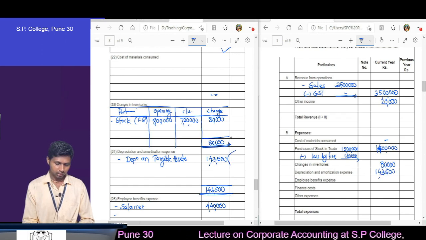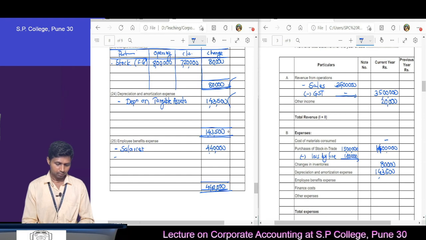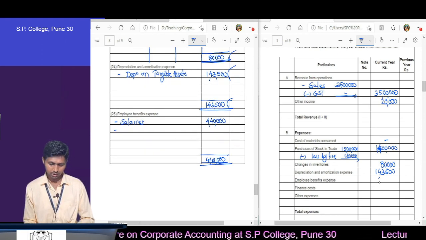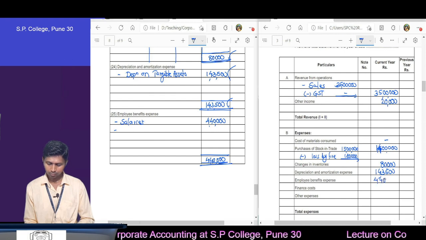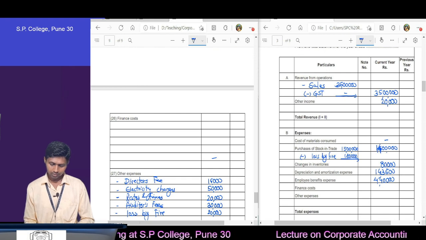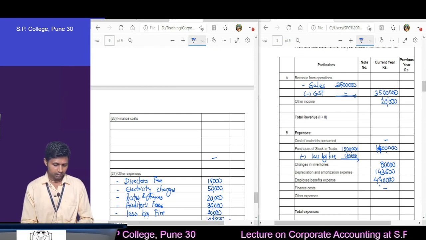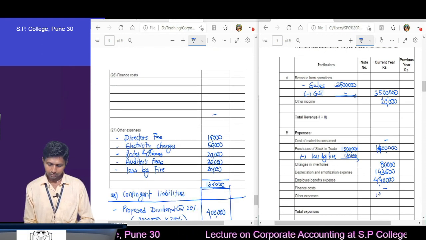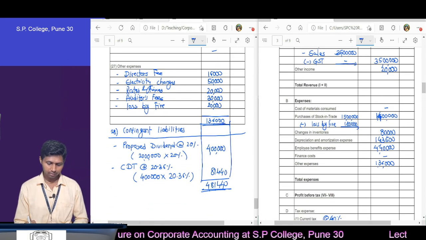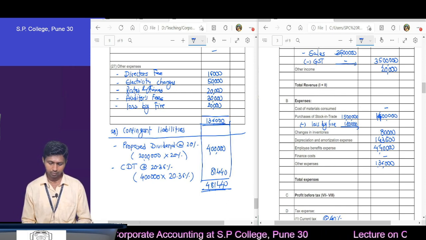This we have also written. Okay, and then employee benefit expenses total is 4,40,000. Then after this finance cost, nothing is there. Other expenses 1,36,000. Contingent liability, we do not write that in the profit and loss statement, ignore.